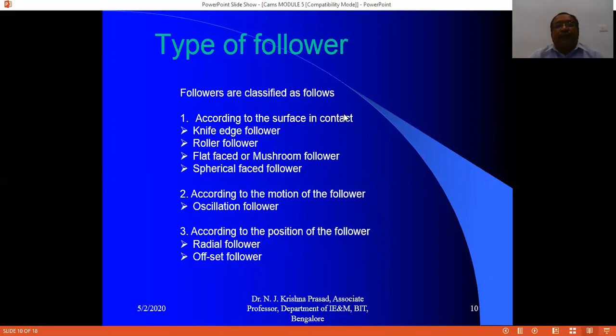According to surface in contact, the follower is classified as knife edge follower, roller follower, flat faced or mushroom follower, and spherical faced follower. According to the motion of the follower, it is classified as oscillating follower. According to the position of the follower, it is classified into radial follower and offset follower.